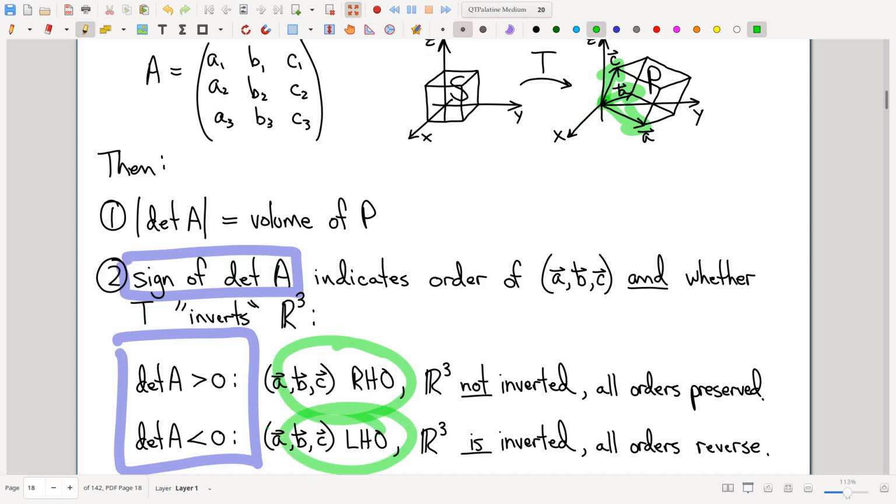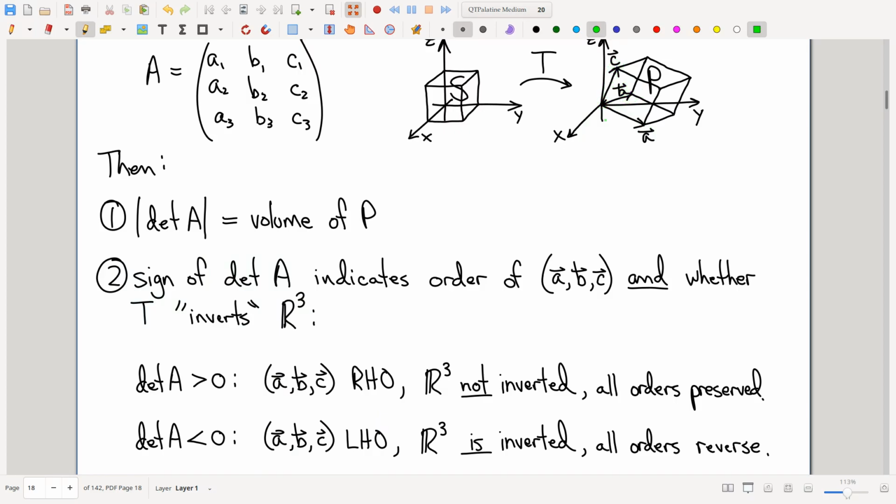And analogously, because of course E1, E2, E3 are always right-hand order, if this became left-hand order, again, think it through. What can you possibly do to turn a right-hand list into a left-hand list?